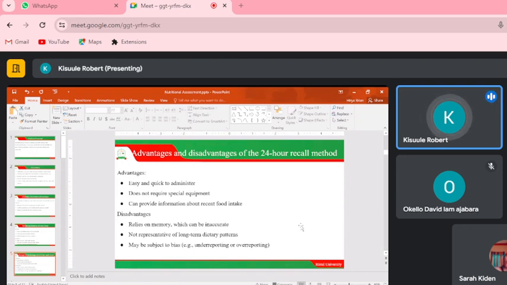One of the disadvantages is that it relies on memory, which can be inaccurate sometimes. But I've said it is better than some other forms of assessing dietary intake. And it is not representative of long-term dietary patterns.